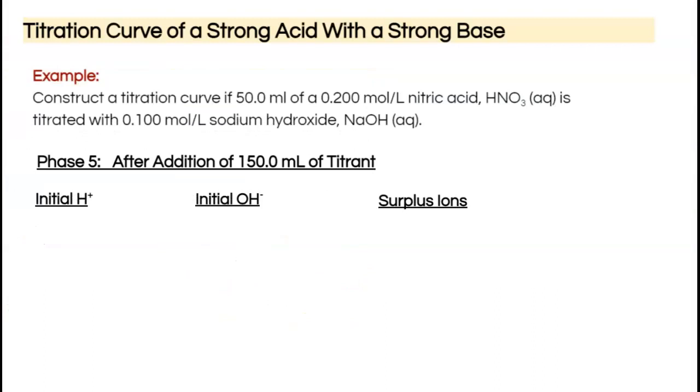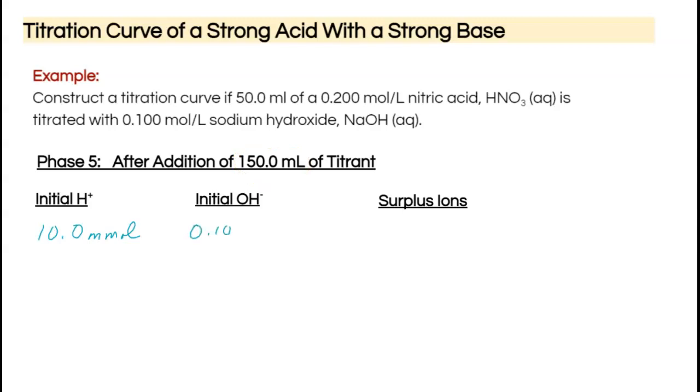Okay, and so as per usual, I'm going to be starting out with 10 millimoles of my analyte. But at this point, I'm saying I've added 150 milliliters of titrant, so my volume of titrant has changed to 150 milliliters.